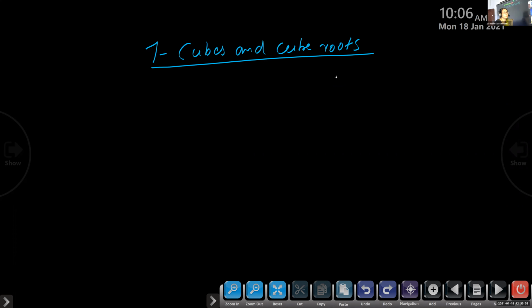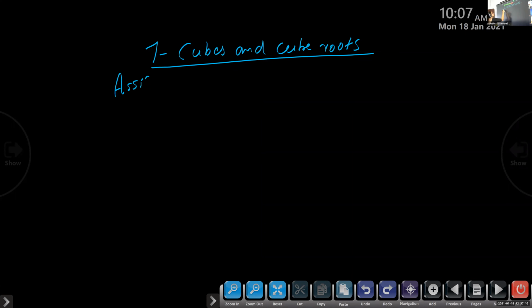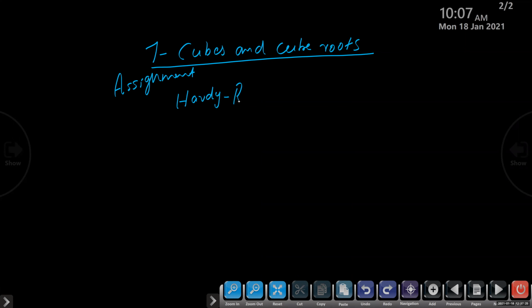Ramanujan, and their joint contribution is the Hardy-Ramanujan number. You have to find out what this Hardy-Ramanujan number is, and write an assignment on it. Two pages, maximum two pages is enough. The assignment is the Hardy-Ramanujan number.